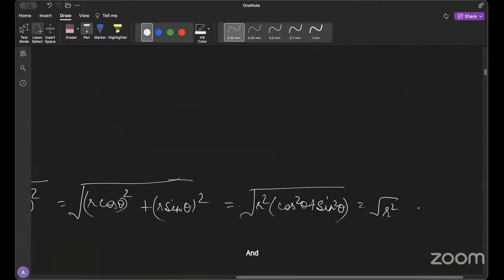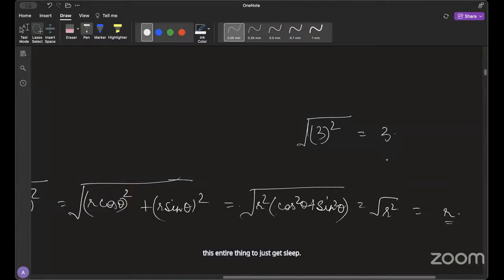And the square root of r square is just r. It won't be mod r, it's just r. For example, let's say you have 3 and then you have it squared here. Then you take the square root of it, and you just get 3.